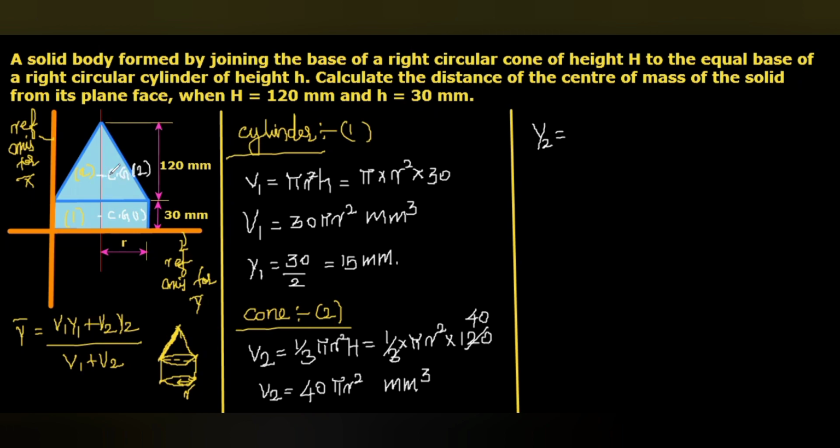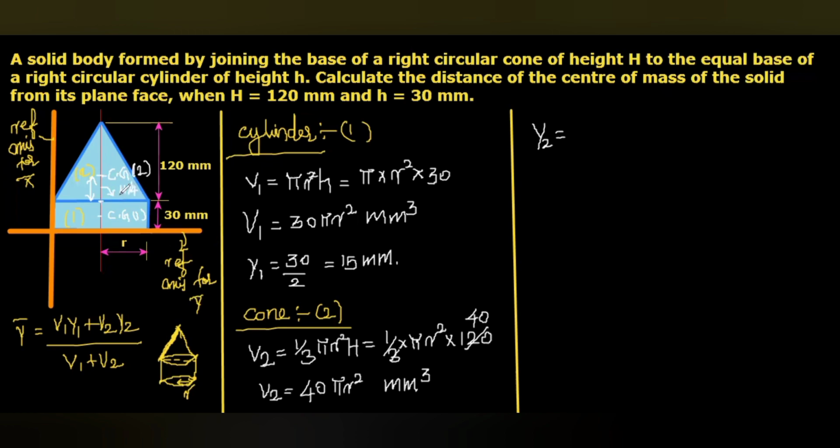And here you can see the distance of CG2, center of gravity of the right circular cone, from its base. Okay, that distance is h by 4. From the vertex, 3 by 4 h. From the base, 1 by 4 h. So we can take this distance as capital H by 4. That means from the base, the CG2 is H by 4.